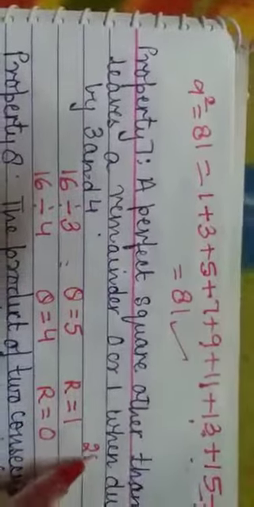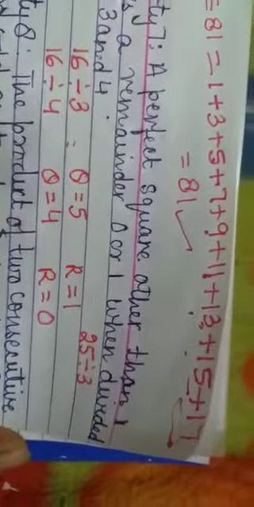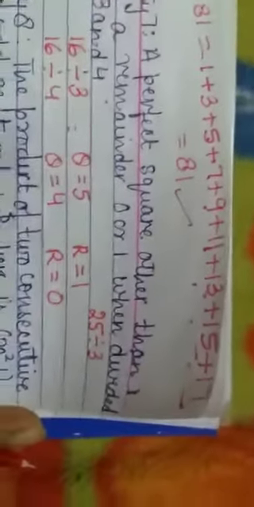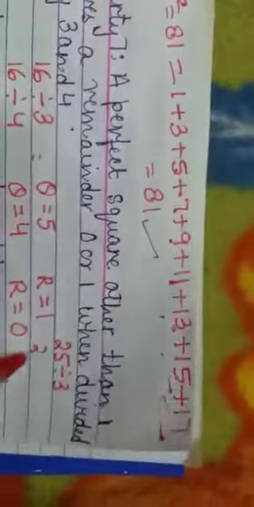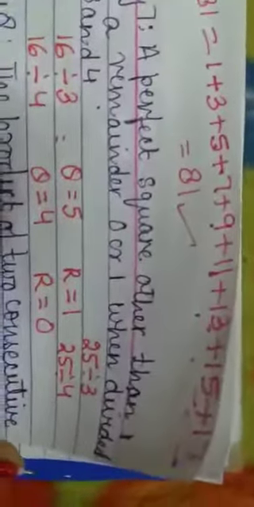Is it clear to you? Any perfect square you take, for example, I take 25. Now, 25 divided by 3. In this case also, 3 eights are 24. So, what is the quotient here? It is 8 and the remainder is 1. If I divide 25 by 4, 4 sixes are 24.